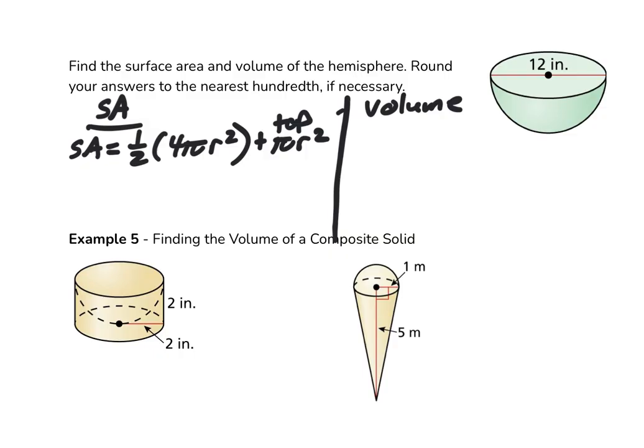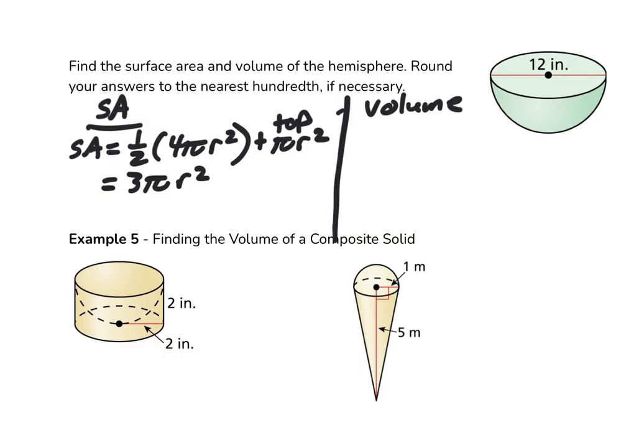So for this, I could just use this formula right here. Because we got the bottom half and then we got the top. If you want to do it in separate parts, you could, but I like breaking it up into a smaller part to make it a little bit easier.